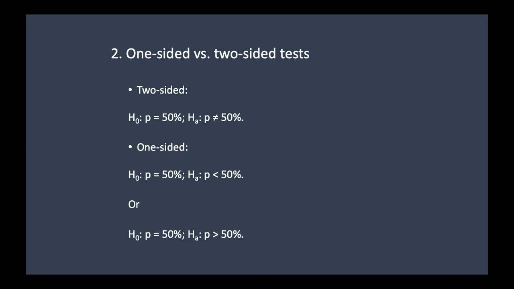And in most cases, even if people have a one-sided hypothesis, they still run two-sided tests. It has become some kind of agreed norm in quantitative research.